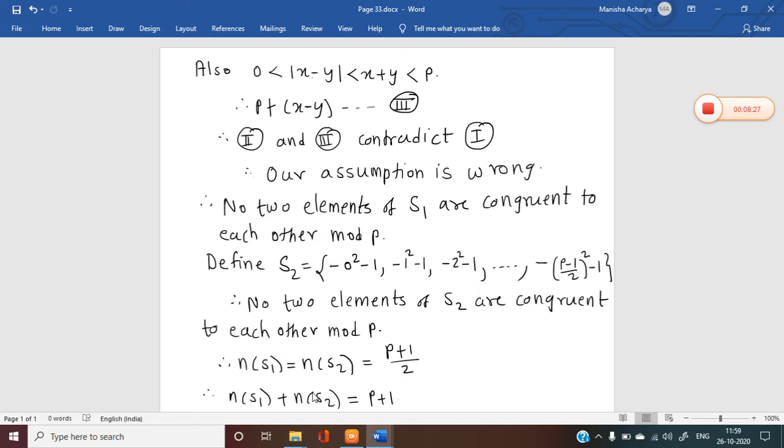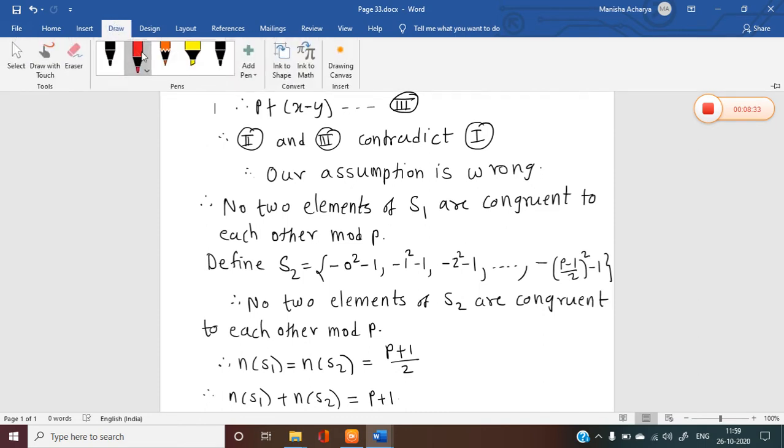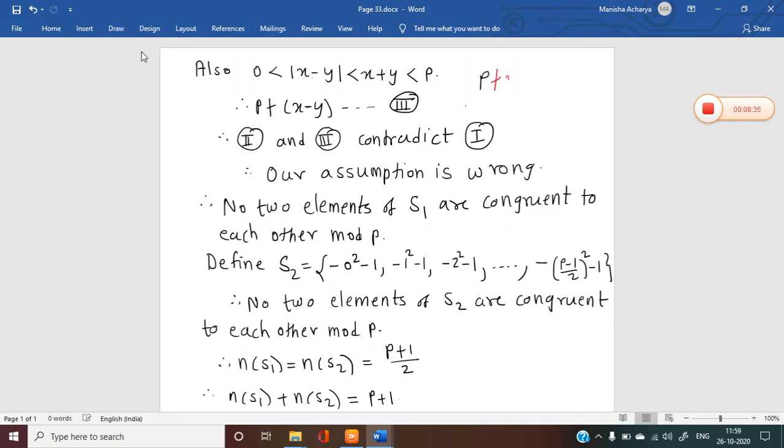So from 2 and 3 we have got that p neither divides x plus y nor divides x minus y, and therefore in 1, where we get that either p divides x plus y or x minus y, here we get the contradiction to 1. Okay, and therefore our assumption is wrong, and therefore no two elements of S1 are congruent to each other modulo p.